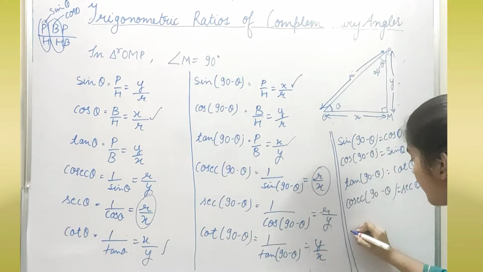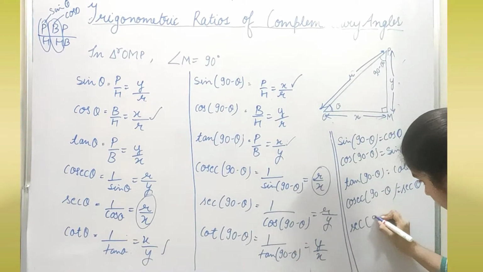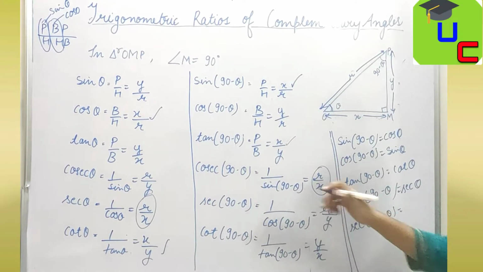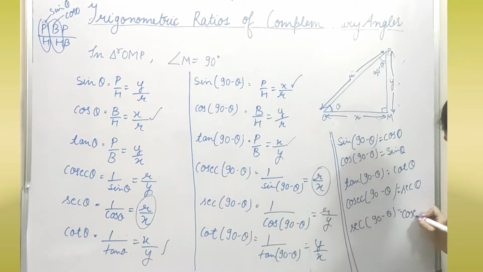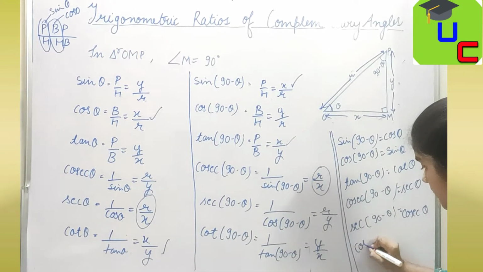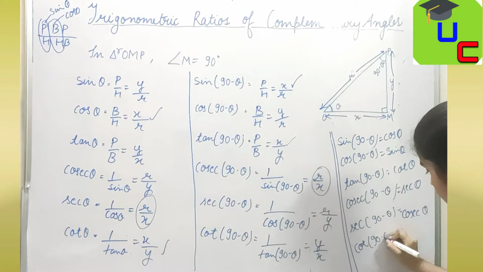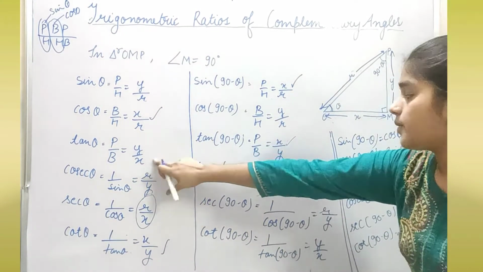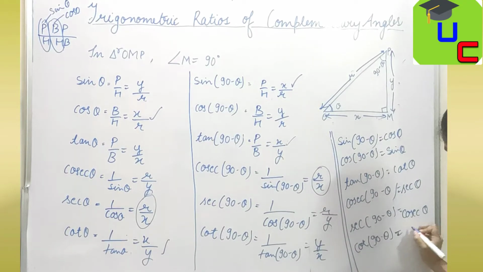Sec theta, and sec 90 minus theta as cosec theta, and this is equal to cot 90 minus theta. Cot 90 minus theta as tan theta, y upon x and y upon x.